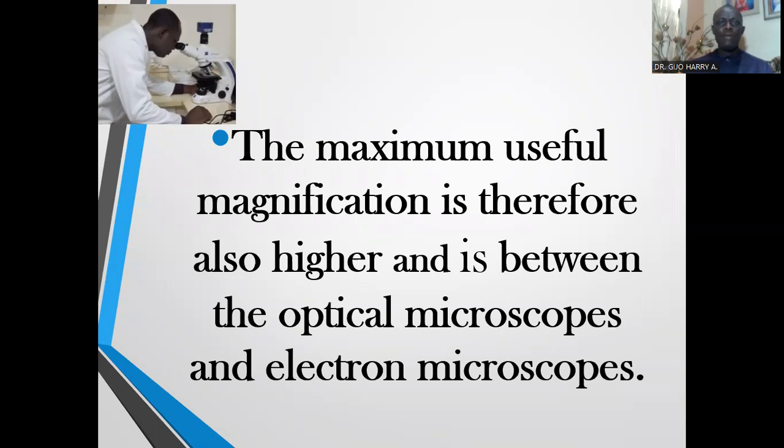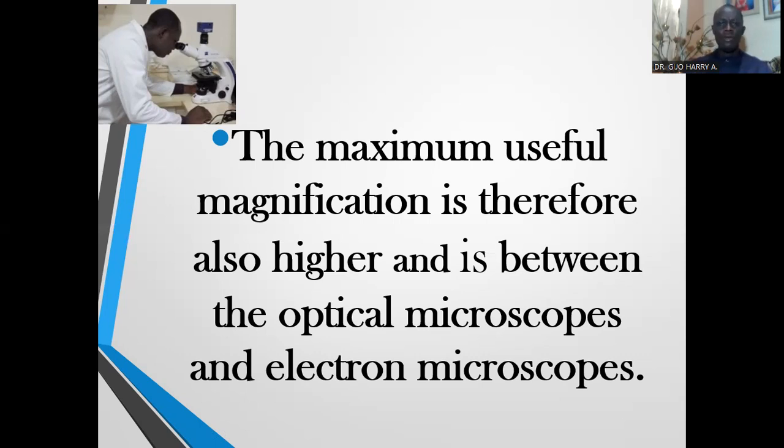The maximum useful magnification is therefore also higher, and is between the optical microscopes and electron microscopes. So the resolution of the X-ray microscopes is higher than that of the optical microscopes, and in between the electron microscopes and the optical microscope.